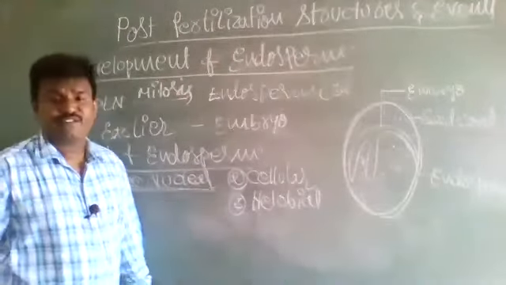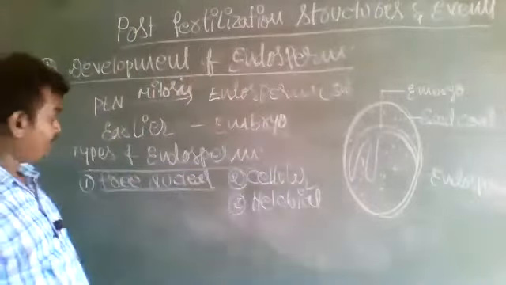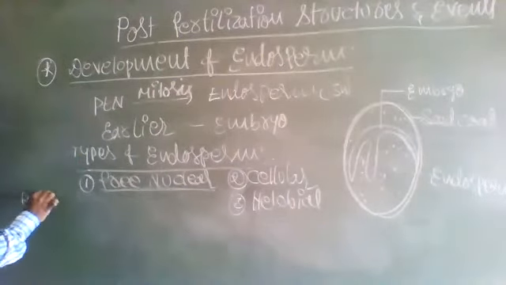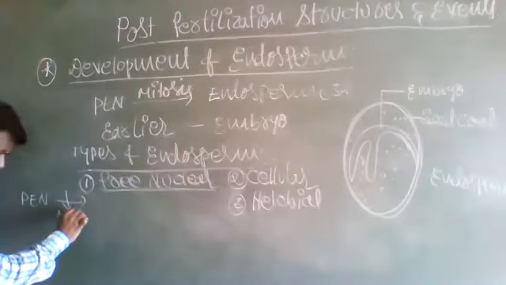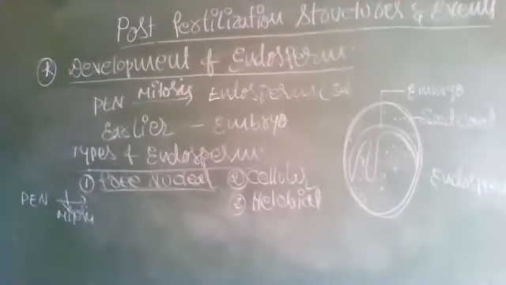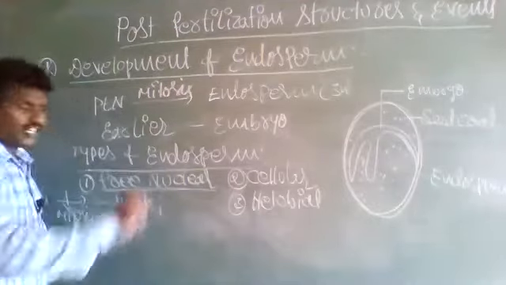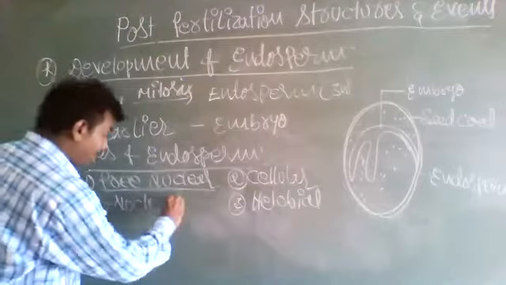How is free nuclear endosperm formed? That is what in this session we will see. So in this one, the primary endosperm nucleus undergoes mitotic divisions and forms a number of nuclei. All the nuclei are settled at the periphery.